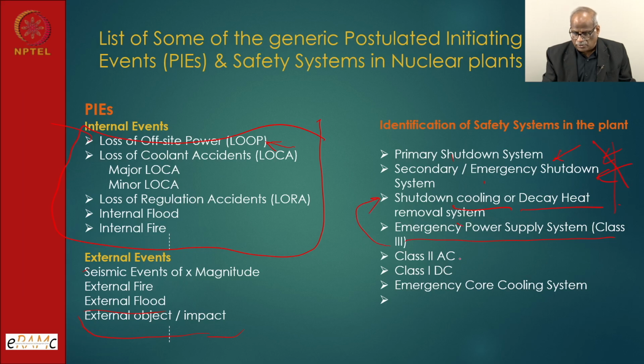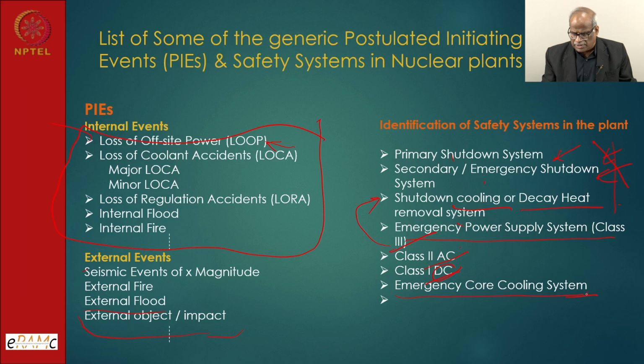And the emergency power source comprises class 3, class 2 and class 1, that is class 2 AC and class 1 DC battery banks. The emergency core cooling system is the system that comes into action when there is a threat to core cooling, either through leakages or any other loss of flow type of situation.